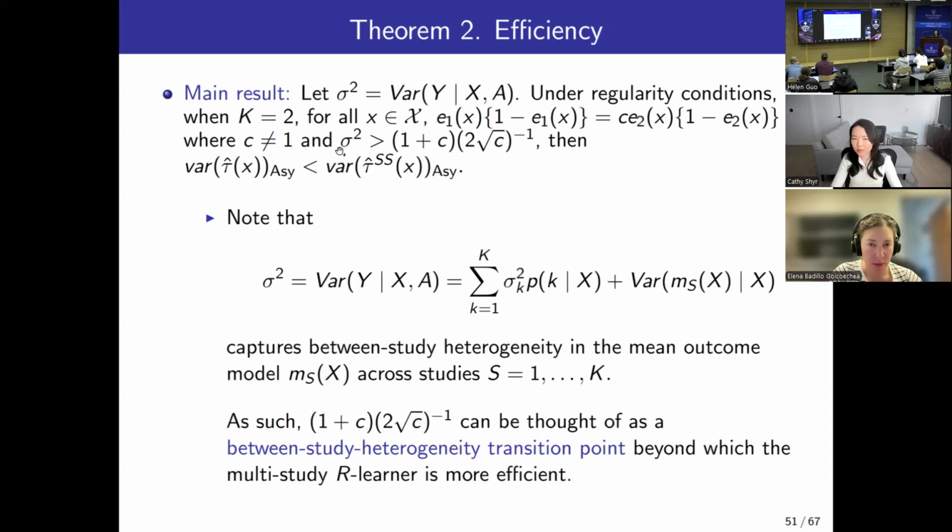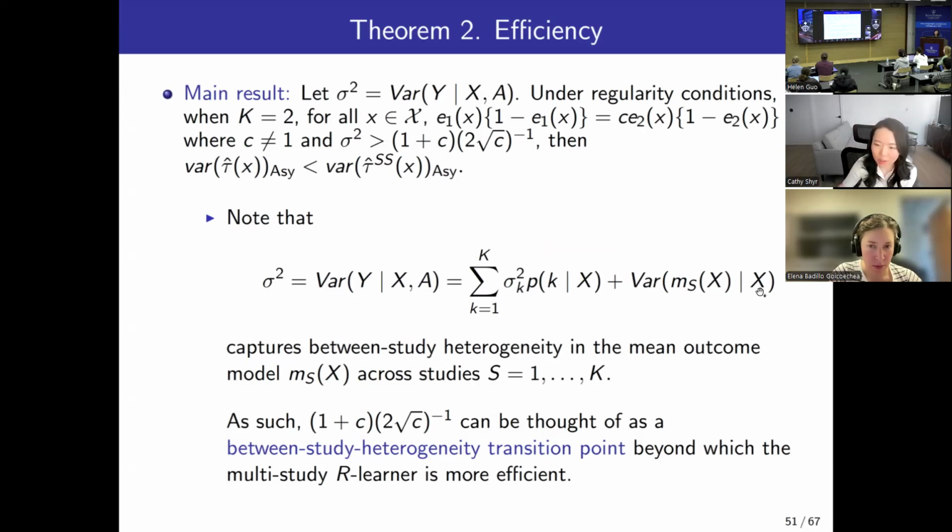And if this error variance is greater than some cut point, then the multi-study R-learner is asymptotically more efficient than the study-specific R-learner. One thing I want to point out here is that sigma squared can be rewritten as two pieces. The first part is the weighted average of the study-specific error variance, where the weights, again, are the membership probabilities.